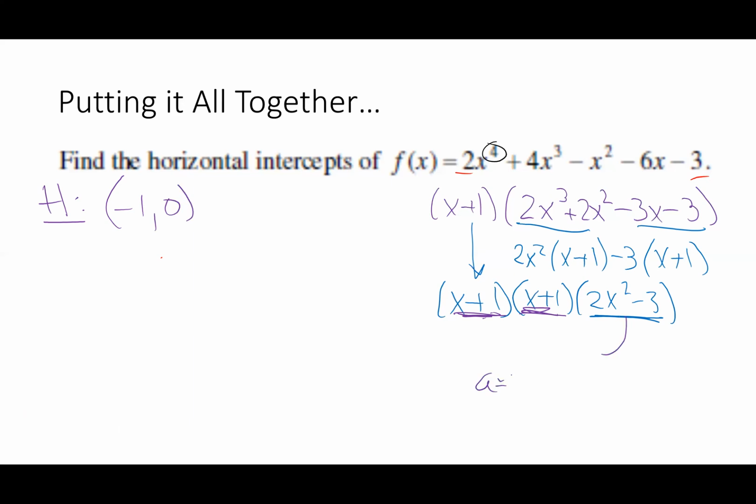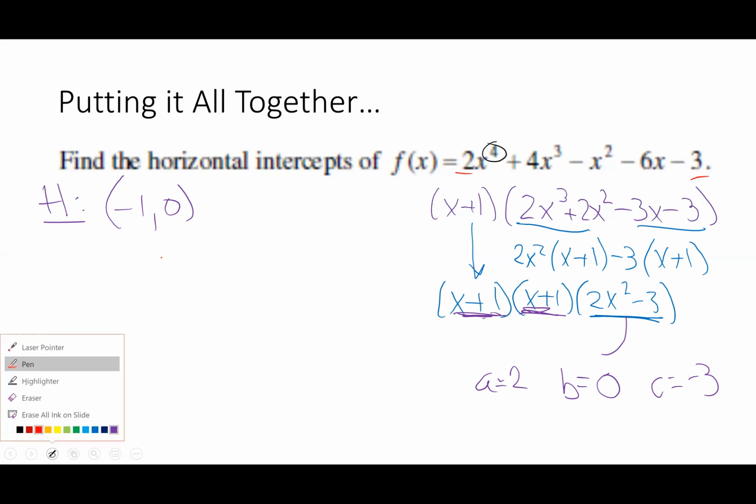Now let's take a look at this thing. A is going to be 2. B, since I don't have a linear term of this quadratic, B is 0, and C is -3. I'm going to use quadratic formula for the remaining zeros.